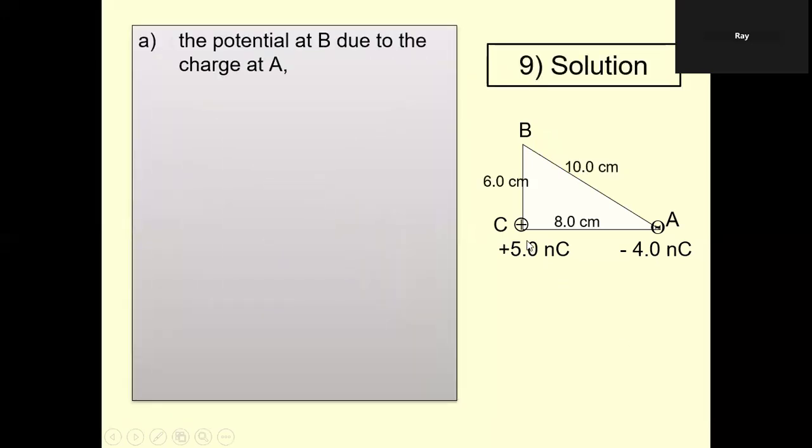5 nanocoulomb and minus 4 nanocoulomb, 8 cm apart, 6 cm, that's 10 cm. Potential at B due to charge at A, this one. But you have to consider the negative charge. Negative charge there, calculate out, negative value.